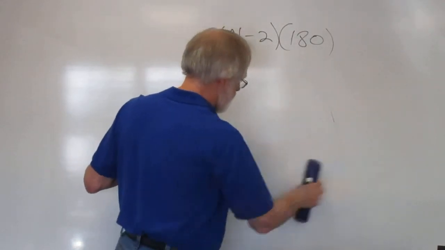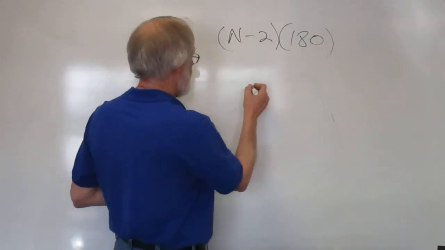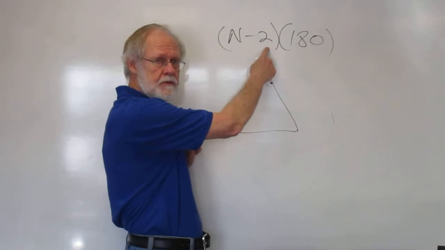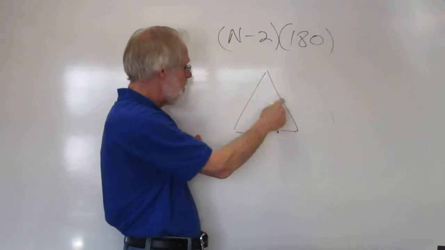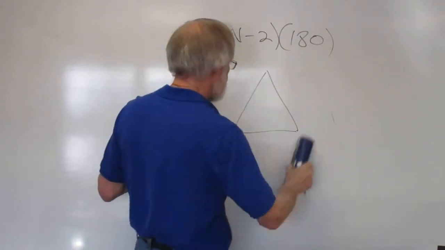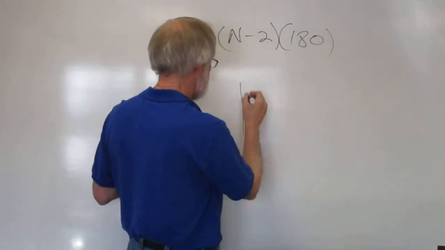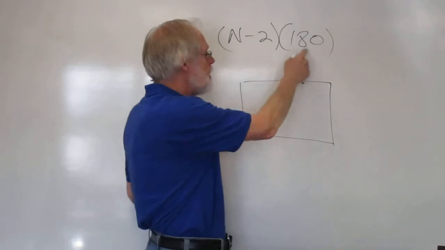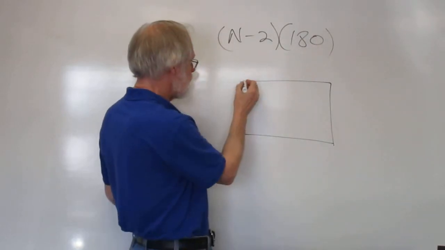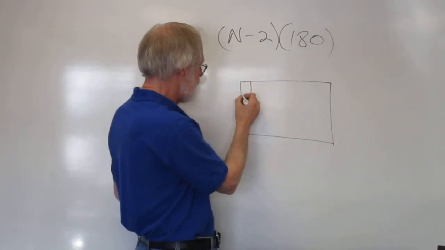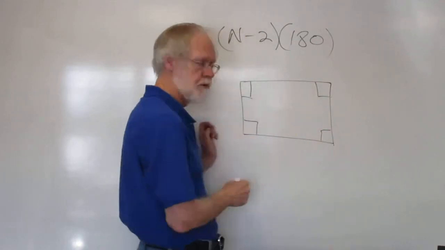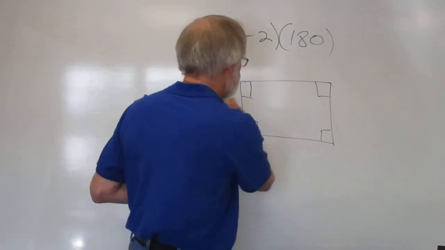If you think about that, it's pretty logical. If you have a triangle, you have 3 minus 2 is 1, times 180. All these 3 add up to 180. If you have a quadrilateral, 4 sides, 4 minus 2 is 2, times 180 is 360. And that certainly makes sense. If this was a rectangle, these would all be 90, and 4 times 90 is 360.